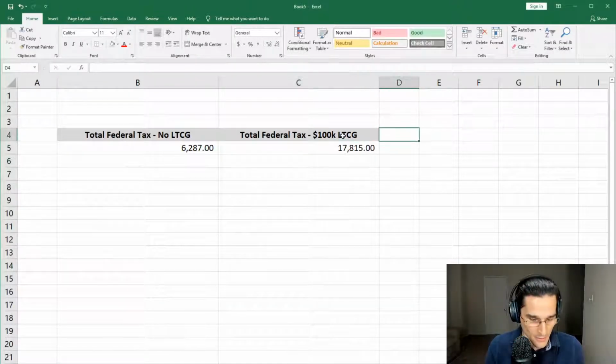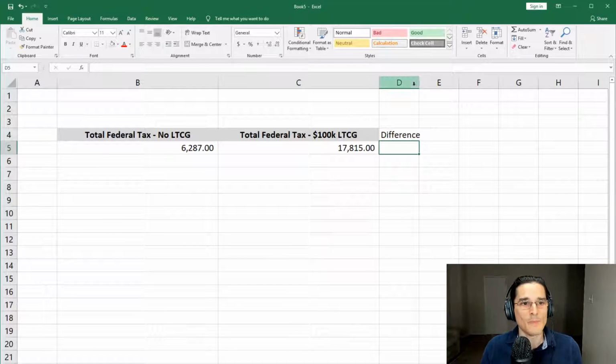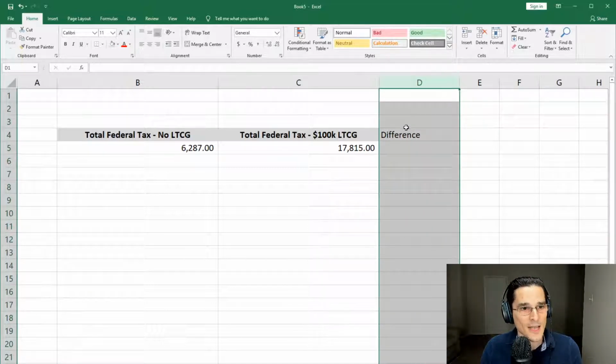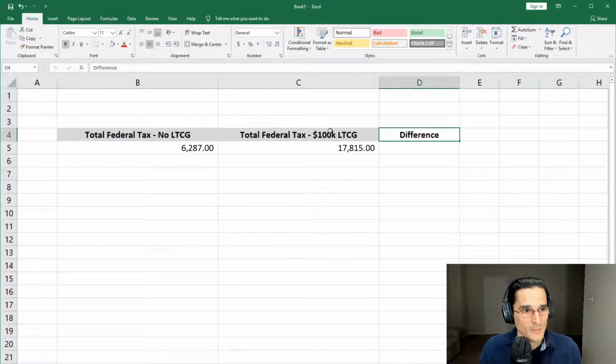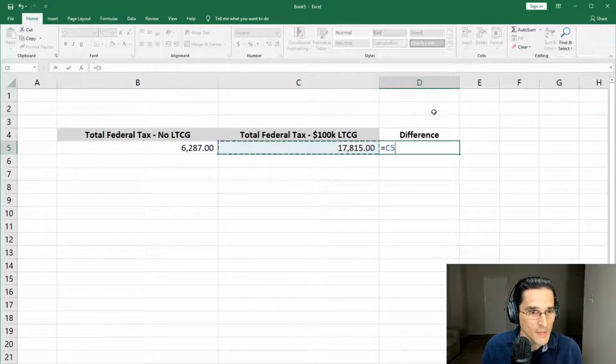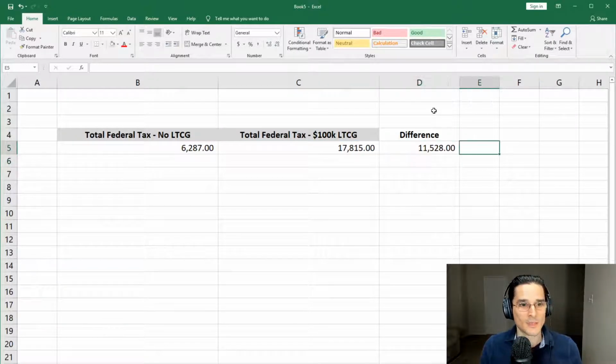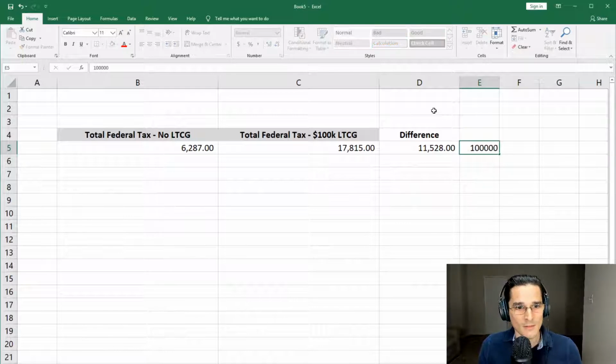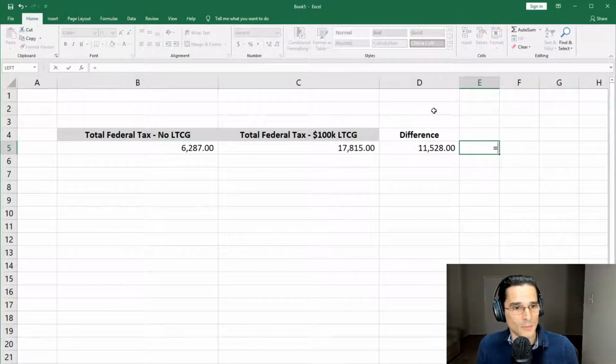Okay, now what's the difference? Meaning, what impact did that transaction have on our tax liability? And we can see that difference is $11,528. So if you think of it in terms of the $100,000 in capital gains, let's just take a look at the percentage here.